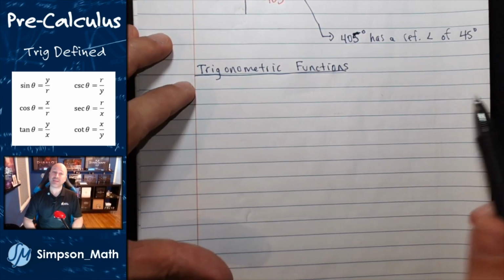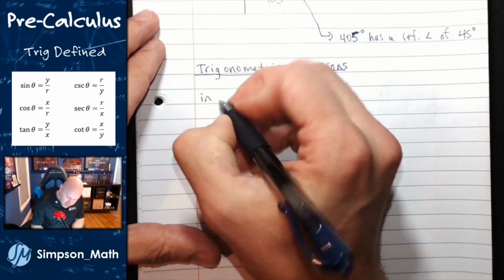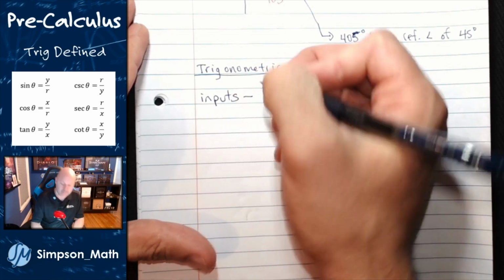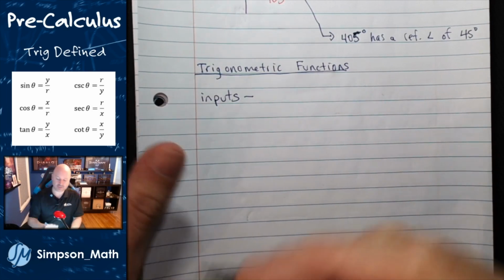So the trig functions are interesting. We usually think of their inputs as the interior angles of a right triangle.